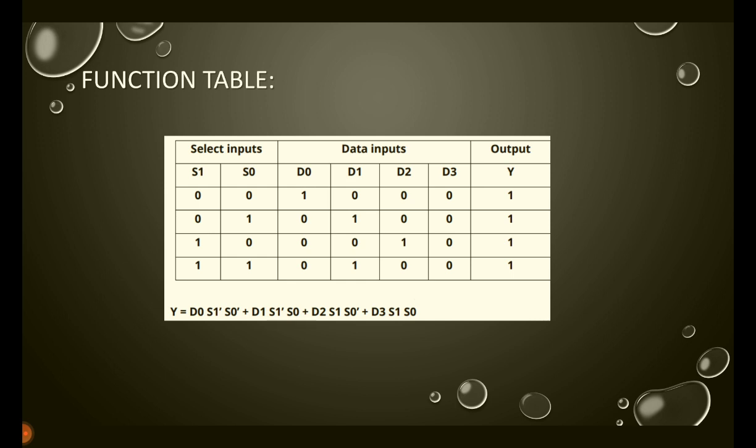When I give selection value for S0 and input value for D1, we get output value as 1. When I give selection value for S1 and input value for D2, we get output value as 1. When you give input value for both the selection inputs and input data to D3, you get output value. So using this, I have given the equation for Y.